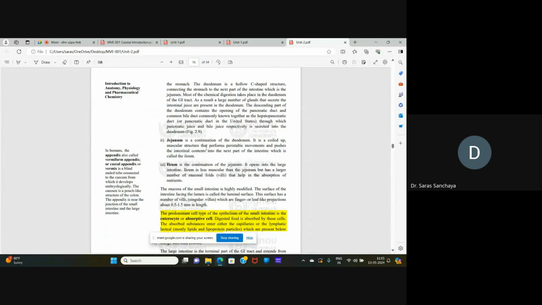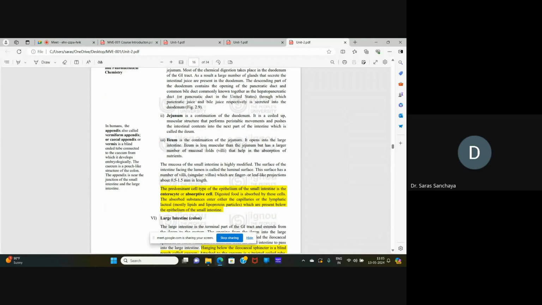All the three parts of the small intestine help in digestion and intake of nutrients from the food. The predominant cell type of epithelium of the small intestine is enterocytes or absorptive cells. Digested food is absorbed by these cells. The absorbed substances either enter the capillaries or the lymphatic lacteals, mostly lipids and lipoprotein particles, which are present below the epithelium of the small intestine.